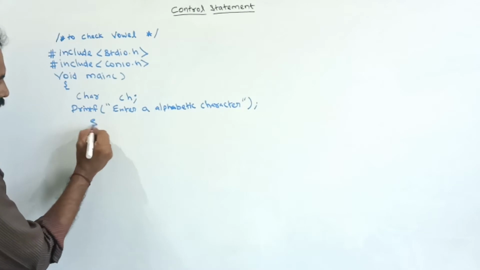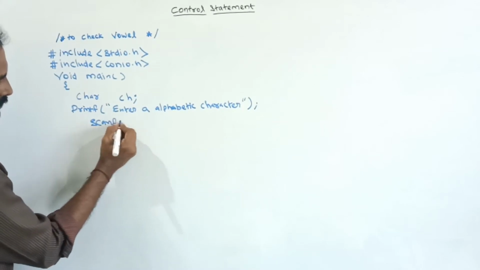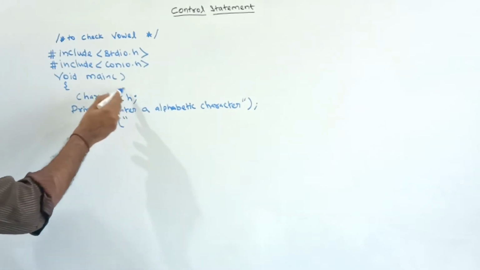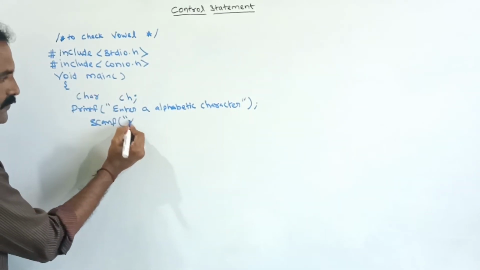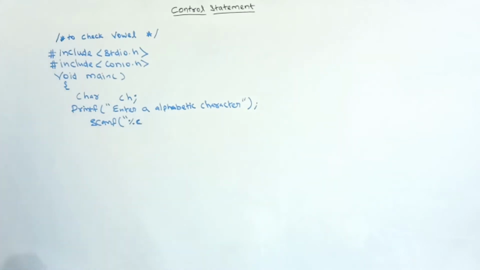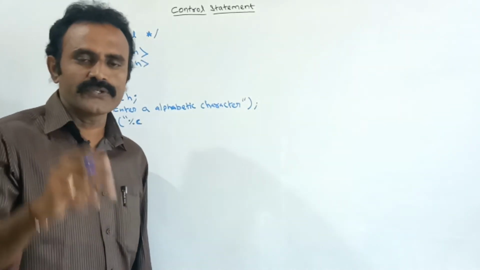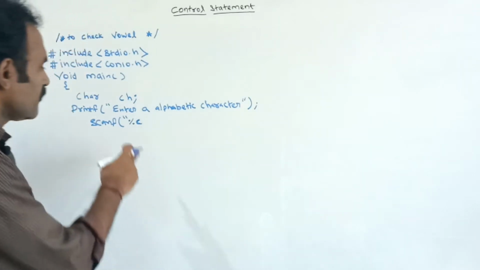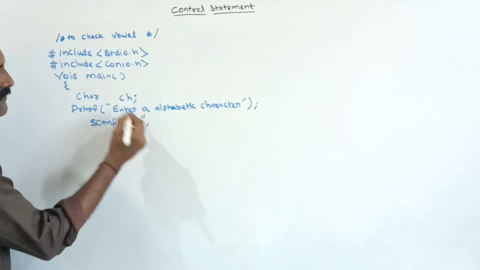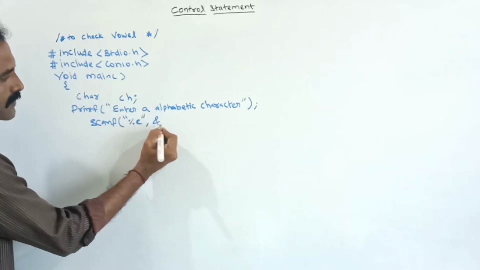Using the scanf function, the data type is character, so I should use %c. For integer %d, for float we should use %f. So for character we should use %c. Next the variable name, ampersand of ch.